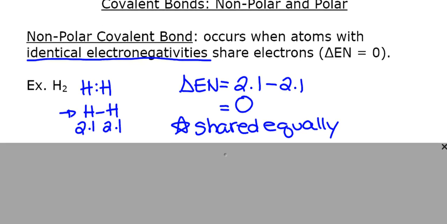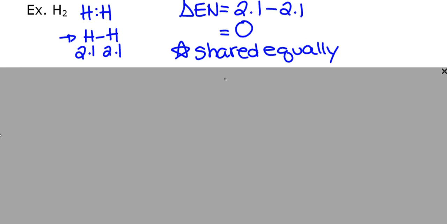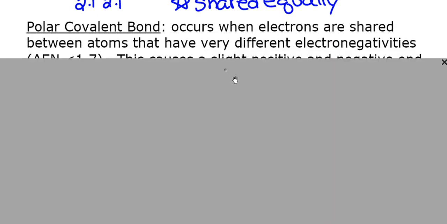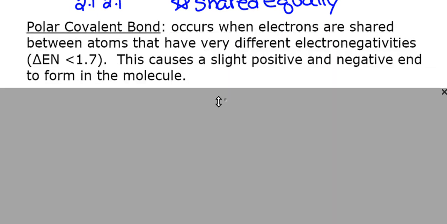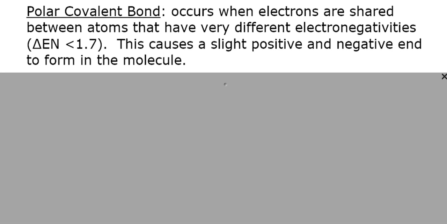There is another type of covalent bond, as we mentioned, and this one is called a polar covalent bond. Now this one's a little bit different because the sharing isn't exactly the same. So what happens? Electrons in this case are shared between atoms, but the atoms have very different electronegativities.